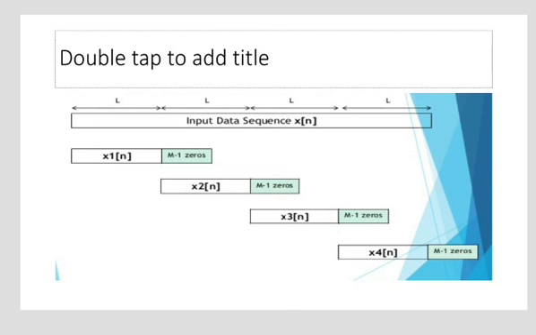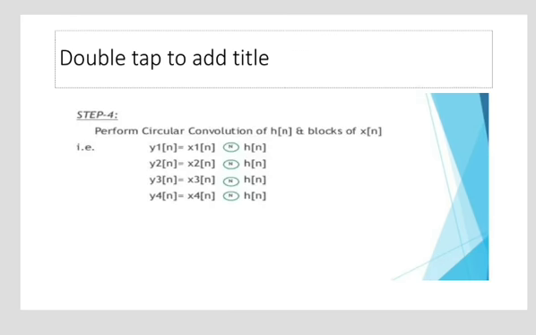Now the next step is performing the circular convolution. So y1 of n is equal to x1 of n circular convolution h of n, y2 of n equals x2 of n with h of n, y3 of n equals x3 of n with h of n, and y4 of n is equal to x4 of n with h of n. We find the values of all these by using the circular convolution.